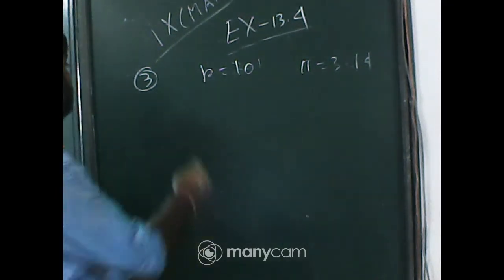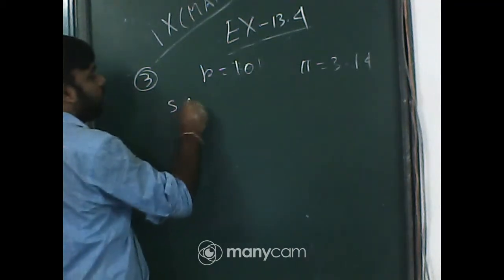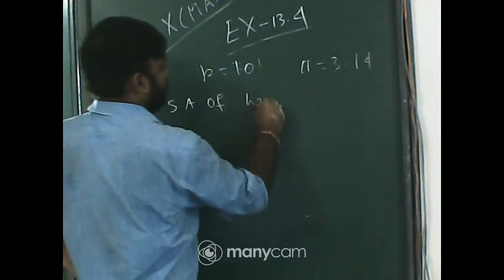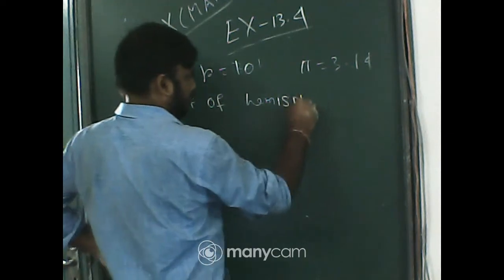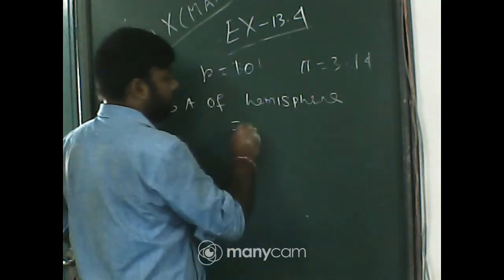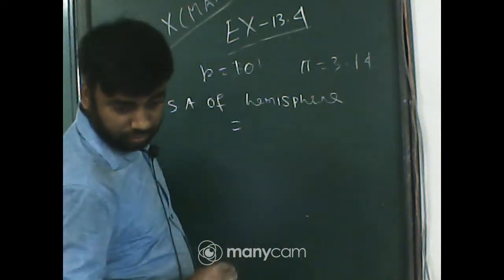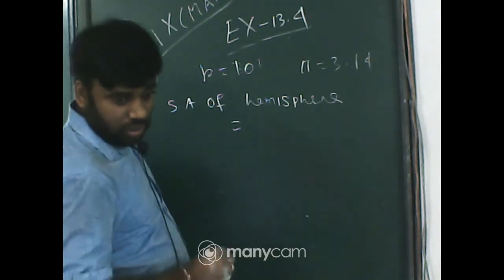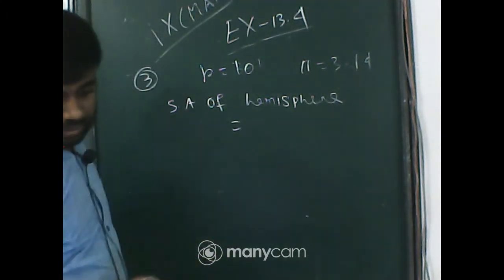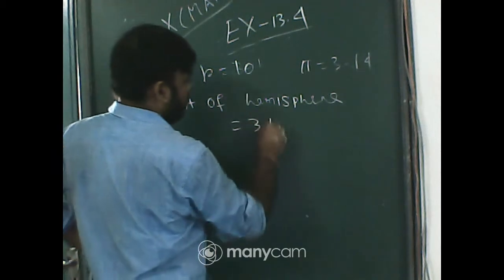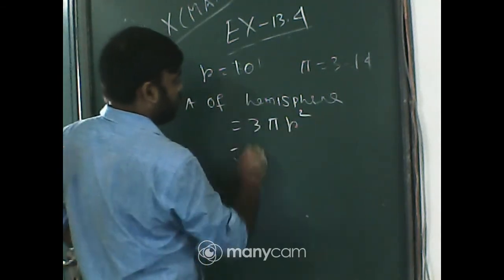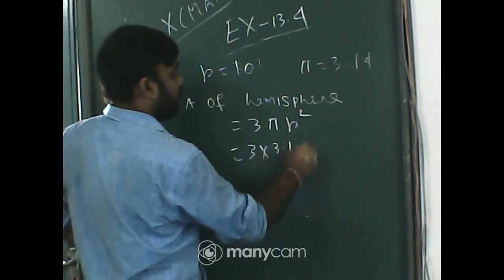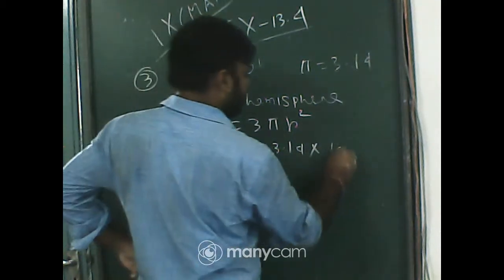First of all, students, the surface area of a hemisphere formula is 3 pi r square. Half sphere, 3 pi r square. So 3 into 3.14 into r square means 100.